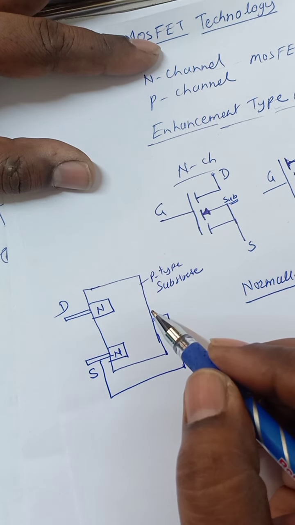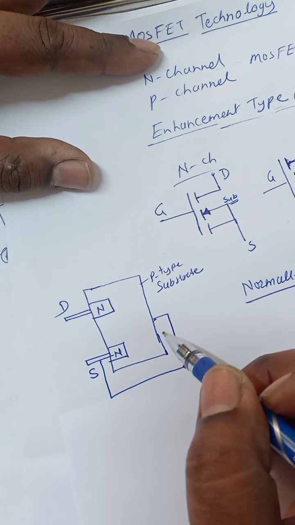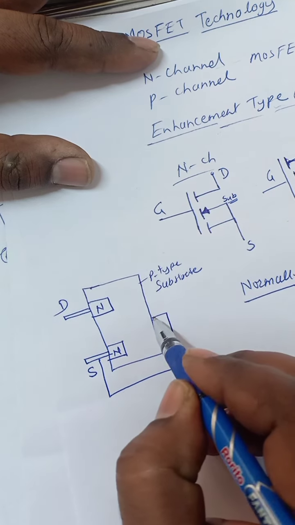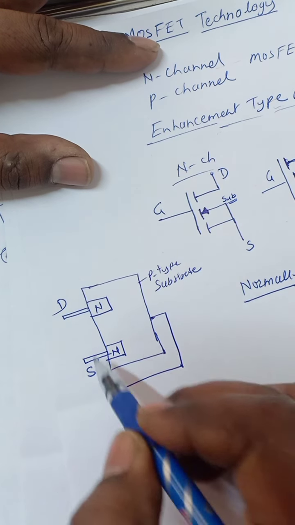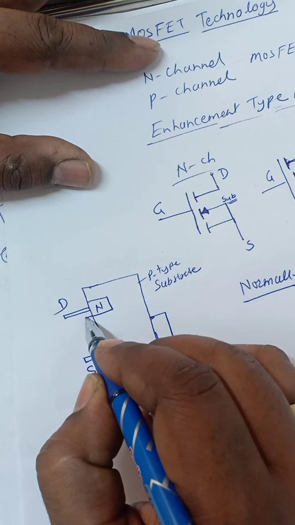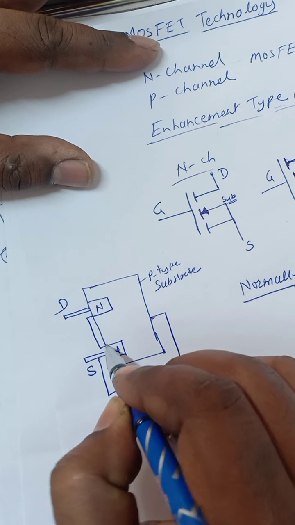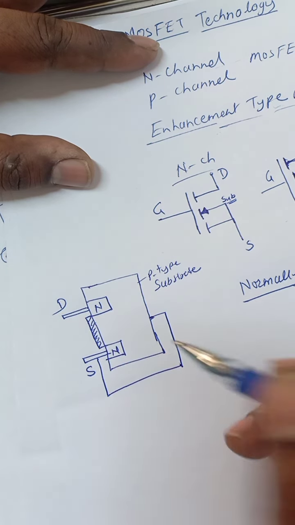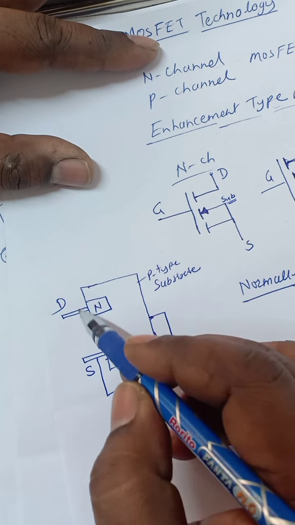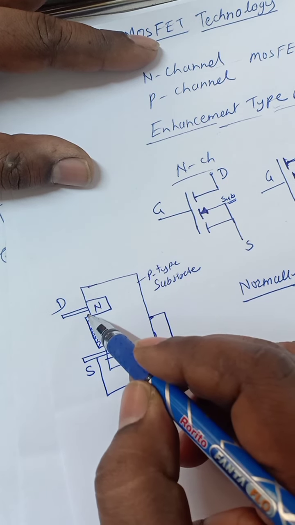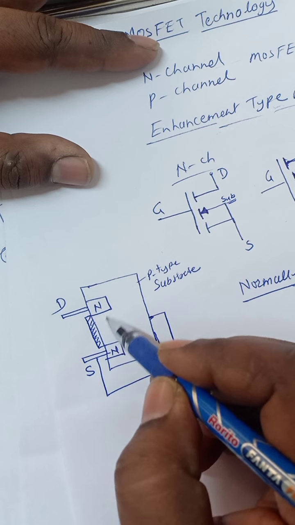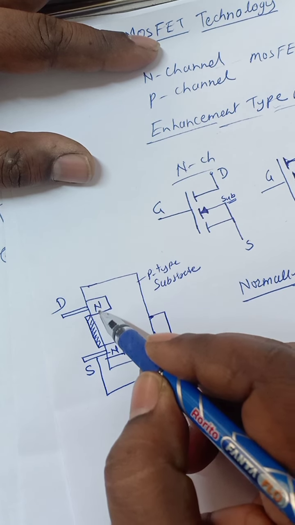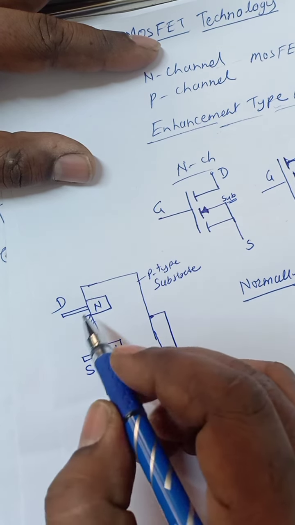Then an oxide layer is deposited on the outer side of this channel region. So a channel will be developed between the drain and source.